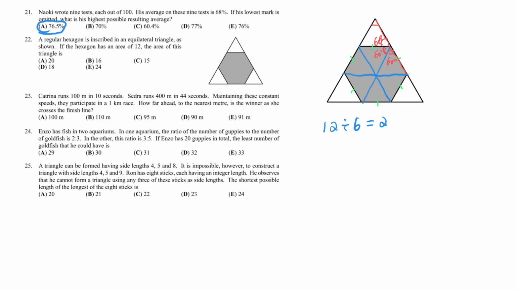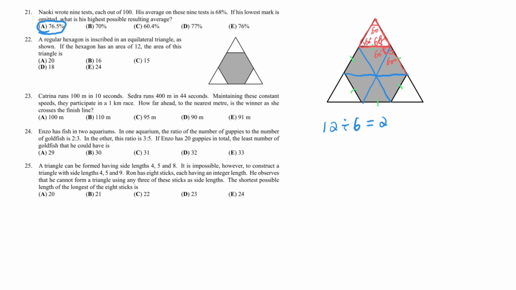The big triangle is equilateral, so the top angle is 60. Same thing, the left side is still 60. So the white triangle is still an equilateral triangle, and its side lengths are the same as the smaller triangle.